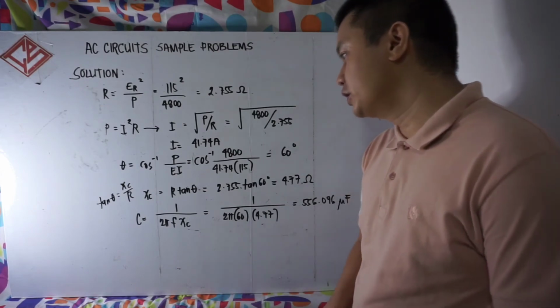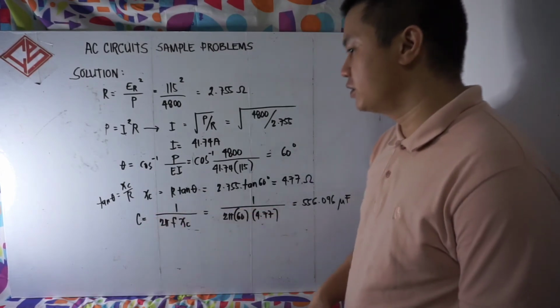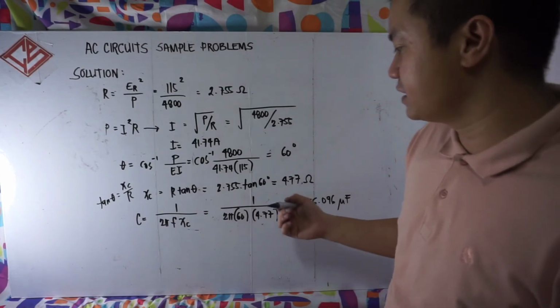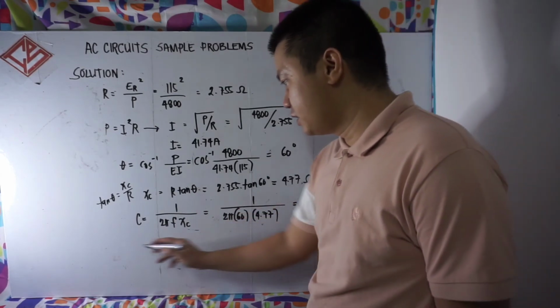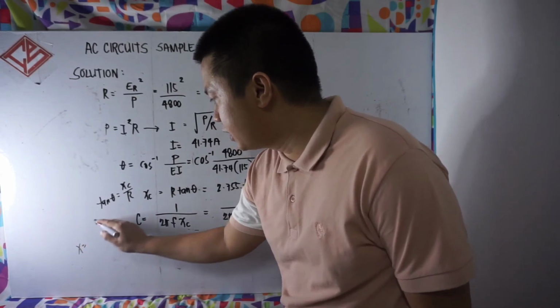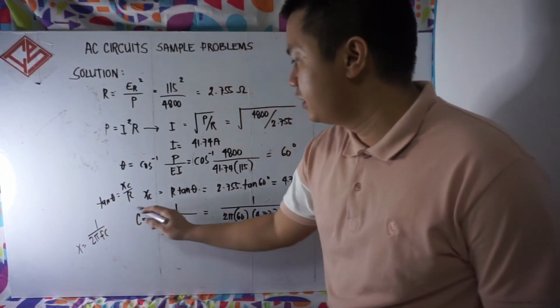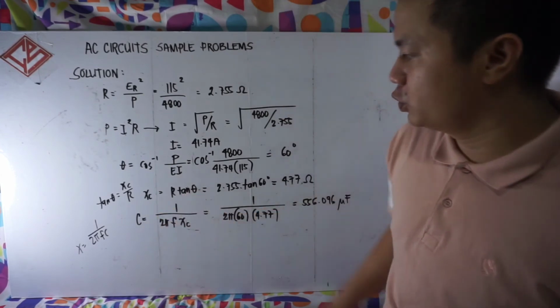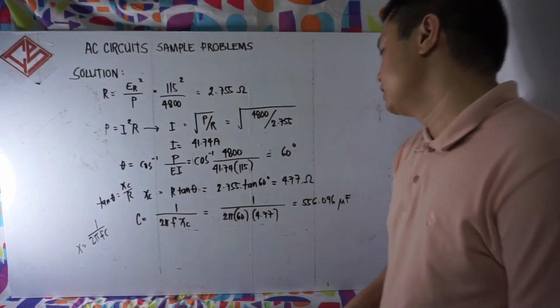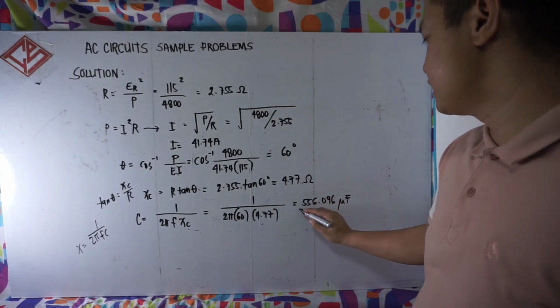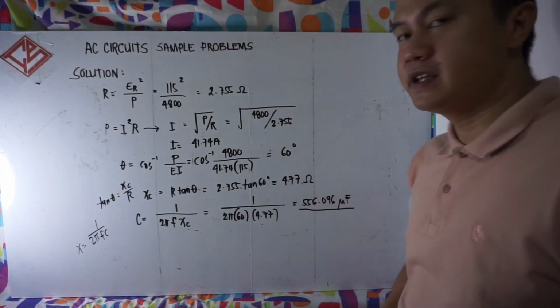So in order to find the C, or the capacitance, the reactance is equal to 1 over 2 pi f C. So you have your capacitance equals 1 over 2 pi f XC. So your value of the capacitance is equal to 556.096 microfarad.